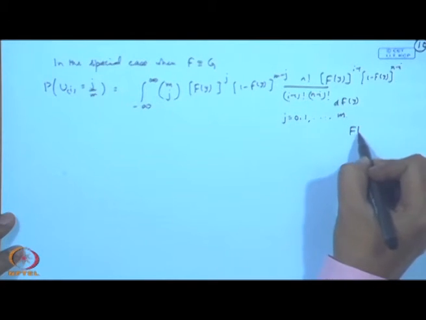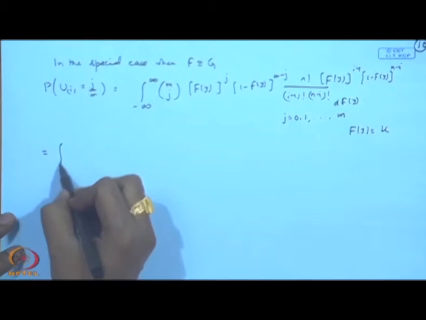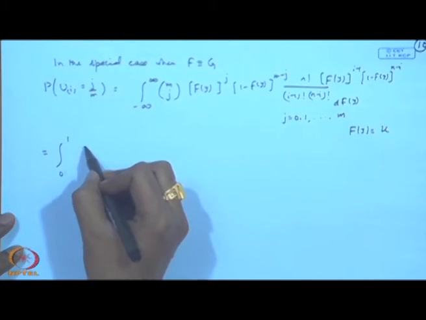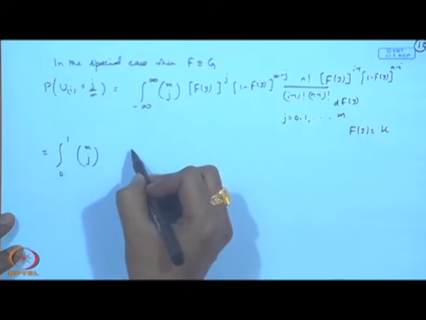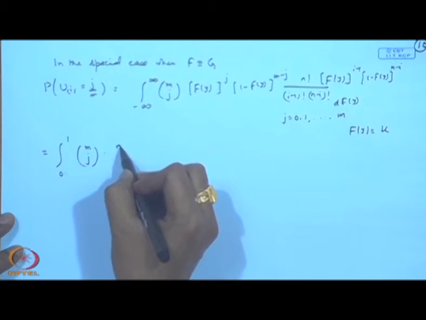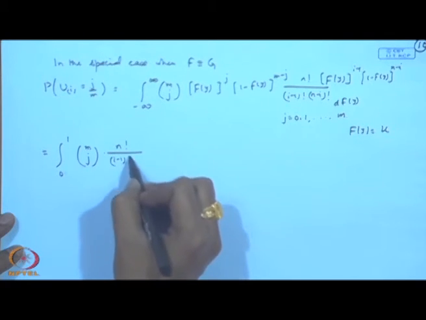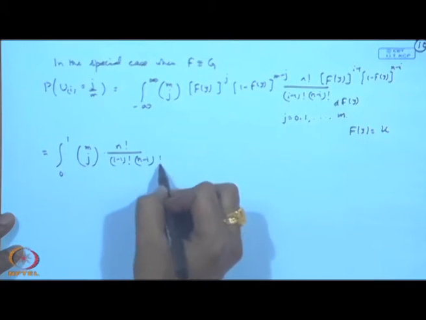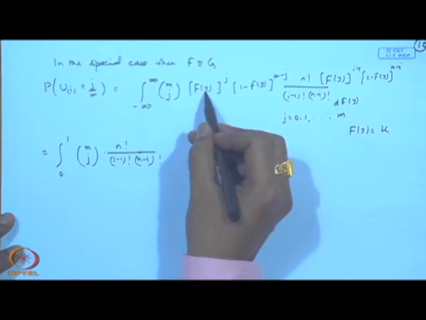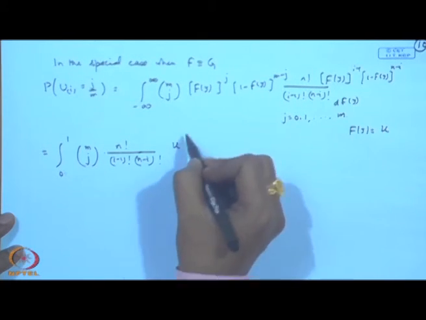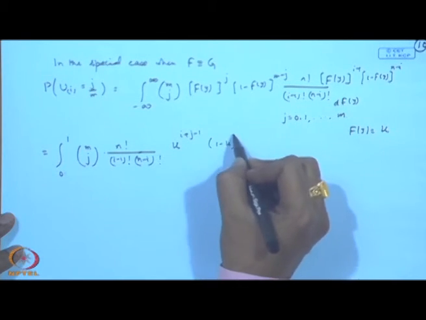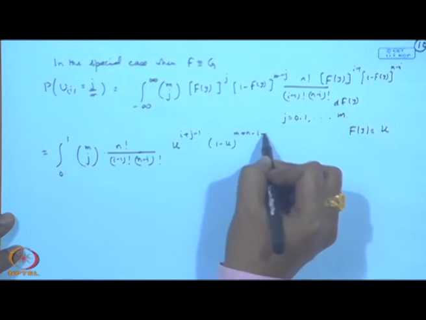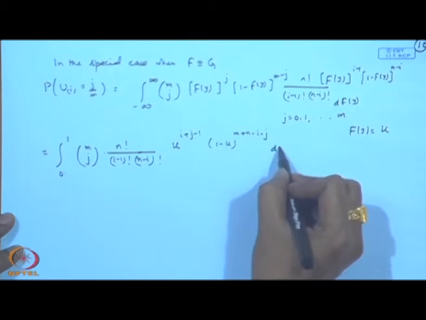Further you can substitute F(y) equal to u, then this is becoming the integral from 0 to 1 of m C j, then all this term will come here, that is n factorial divided by (i minus 1) factorial (n minus i) factorial. Then the power of u will get added up, i plus j minus 1, and then (1 minus u) to the power m plus n minus i minus j du.